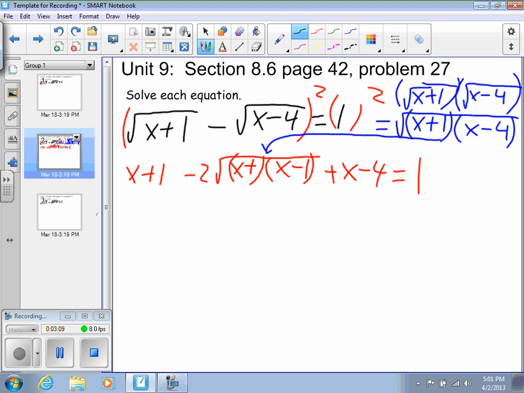So now we have some like terms we can combine. We have x's and we have 1's. And I'm going to go ahead and combine those at the same time to save a step. So altogether we have 2 x's. I should probably color code that, so let me back up.